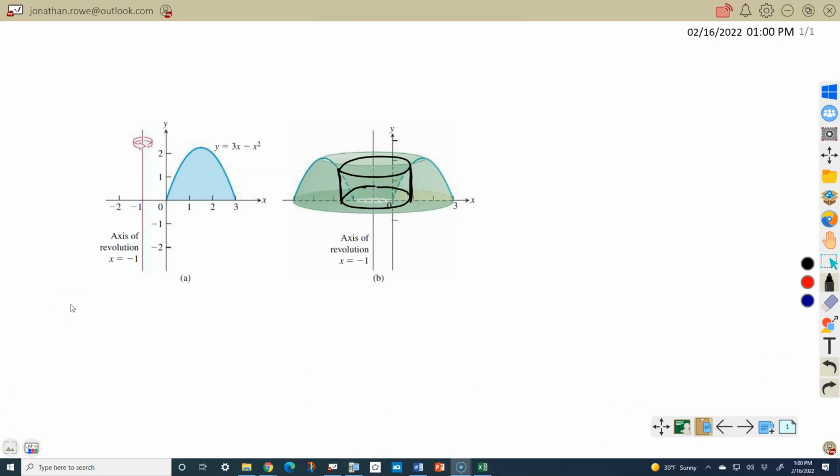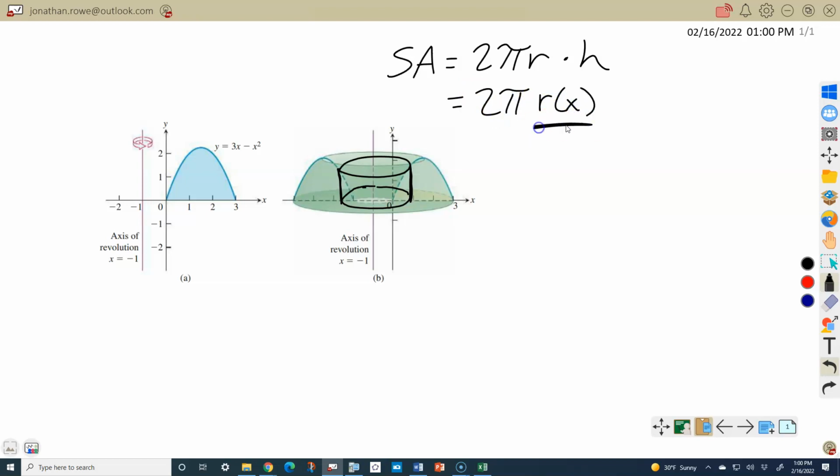Remember, the surface area for the cylinder is 2 pi r times h. We want it in terms of the axis over which we are integrating, so it's going to be 2 pi r of x times h of x, the radius as a function of x times the height as a function of x.